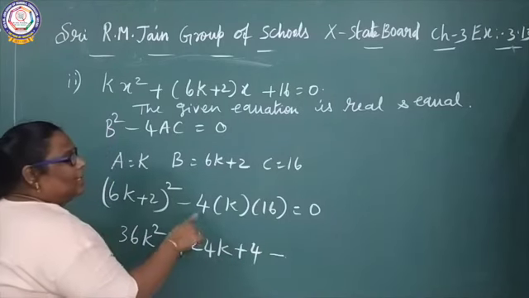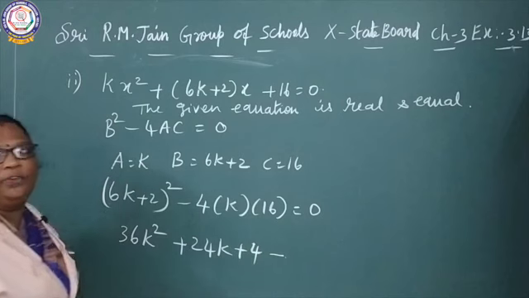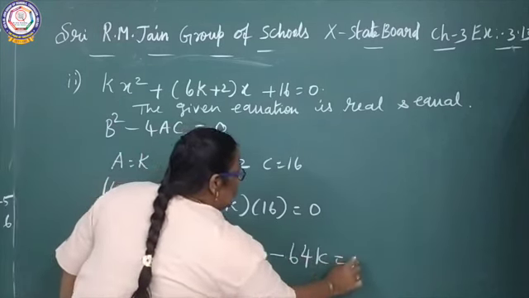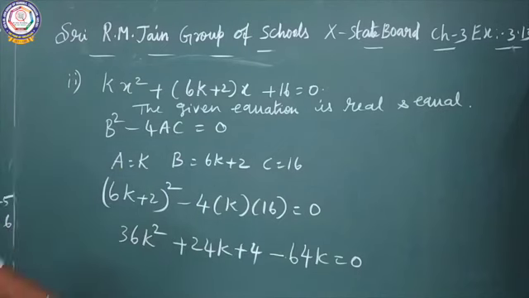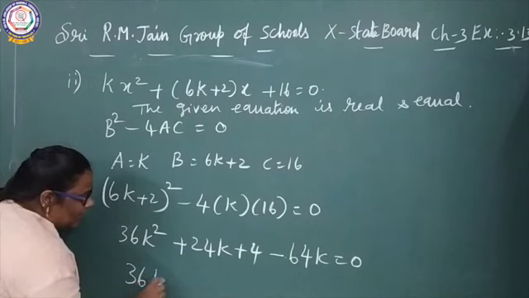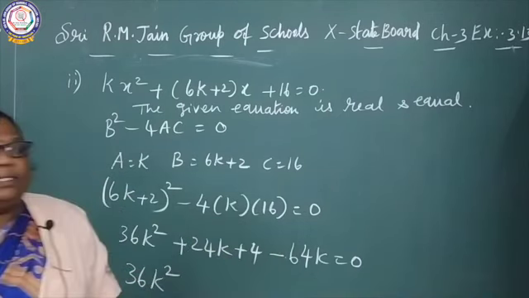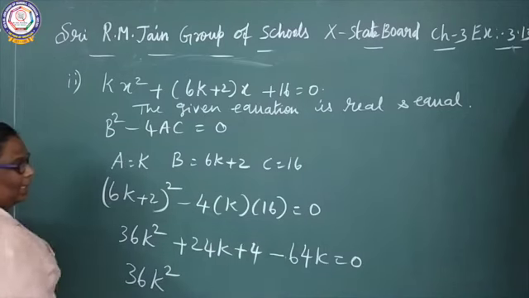So 36k square plus 24k plus 4 minus 16 4s are 64, 64k equal to 0. So 36k square, 24k minus 64k, what is the answer?